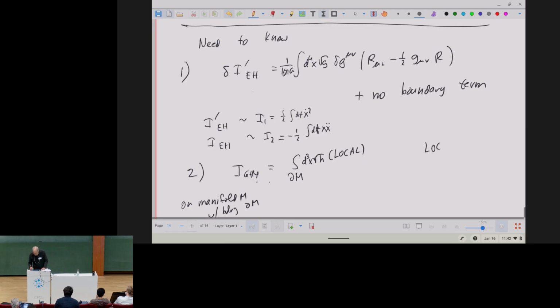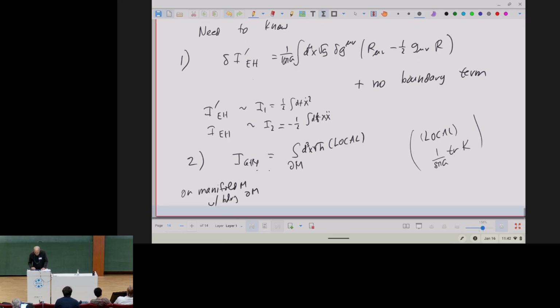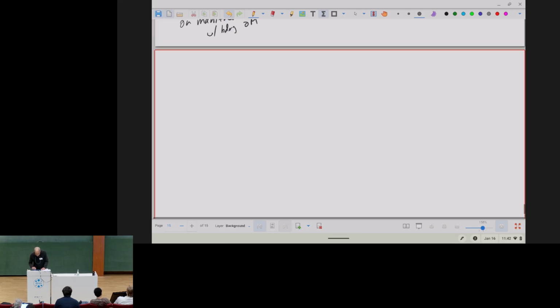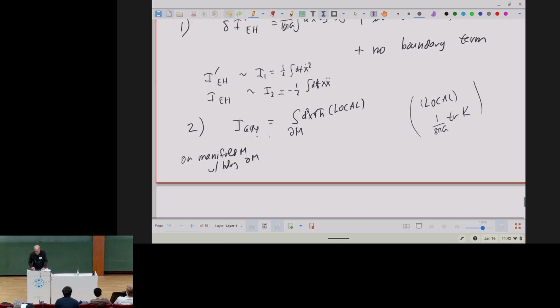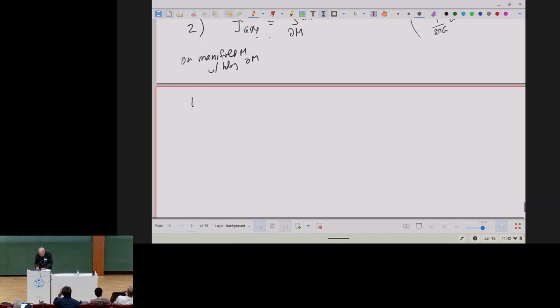The local thing is, in fact, up to a constant, the trace of what's called the second fundamental form, or extrinsic curvature, times something like 1 over 8 pi G. Okay. Exactly what it is, though, we won't need to know. We only need to know these two facts. Now, we want to compute the entropy, which is 1 minus beta d by d beta of the action.